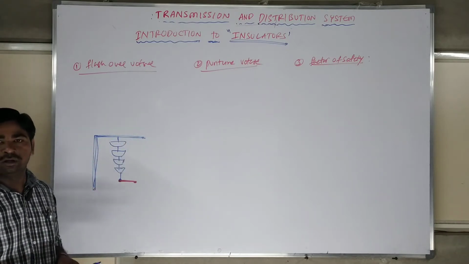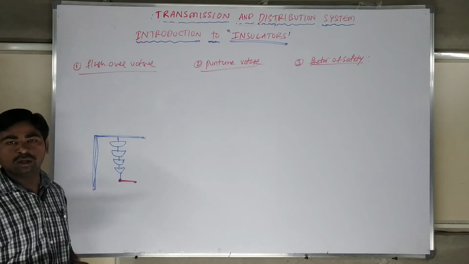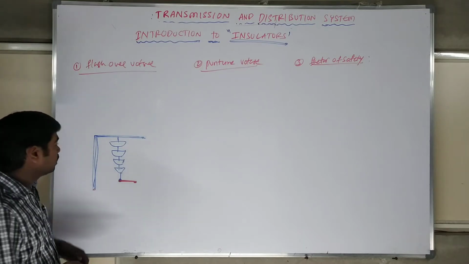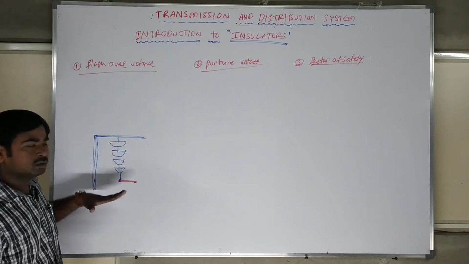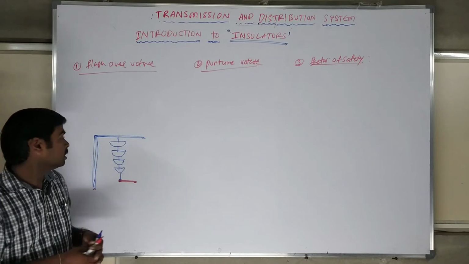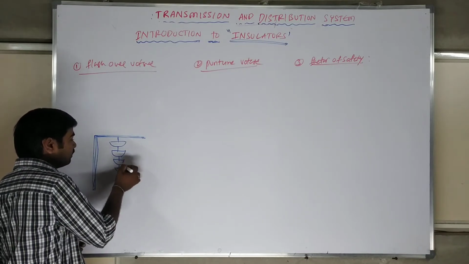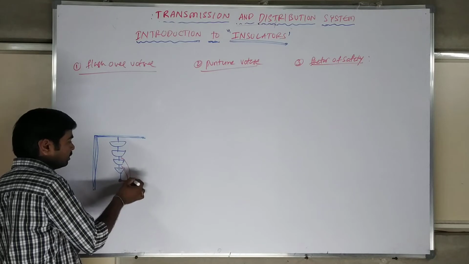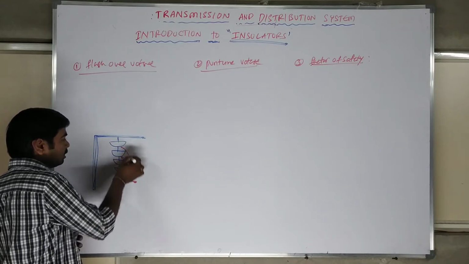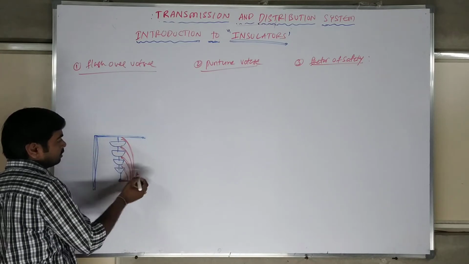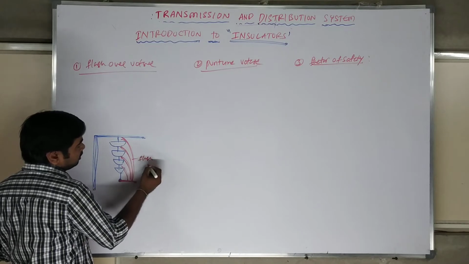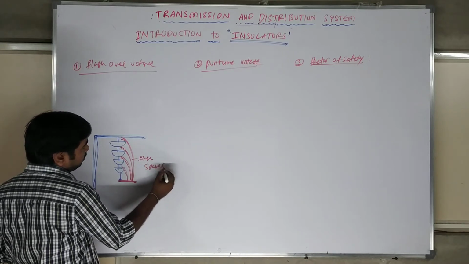Slight flashes will be created. When the voltage exceeds the rated voltage, the insulator is not supposed to handle that much voltage. At that time slight flashes, nothing but sparks, will be created between the insulators and the power conductor.